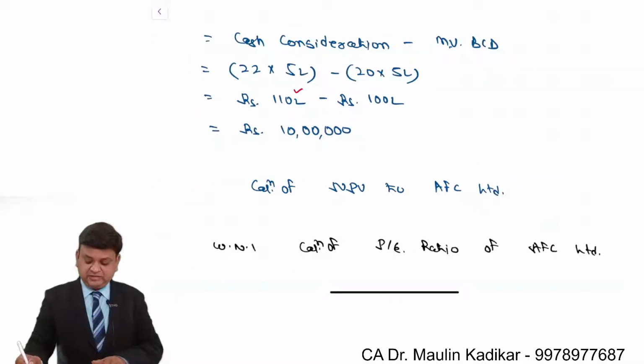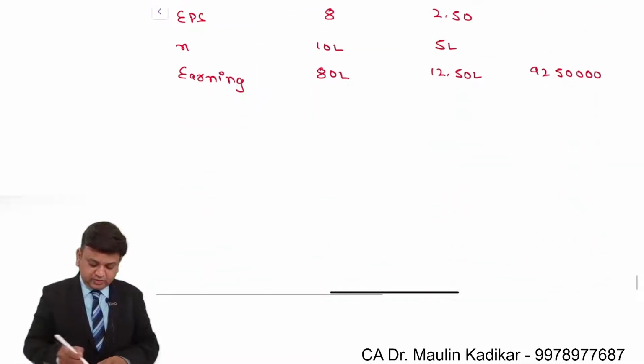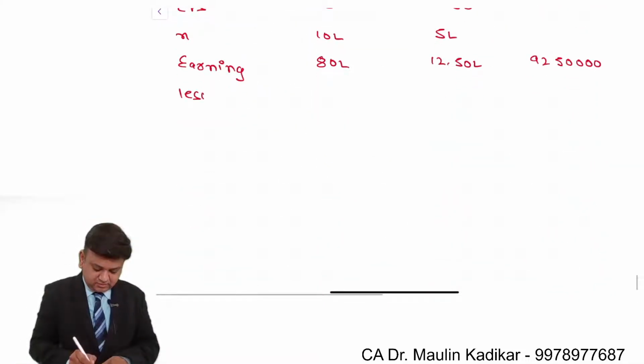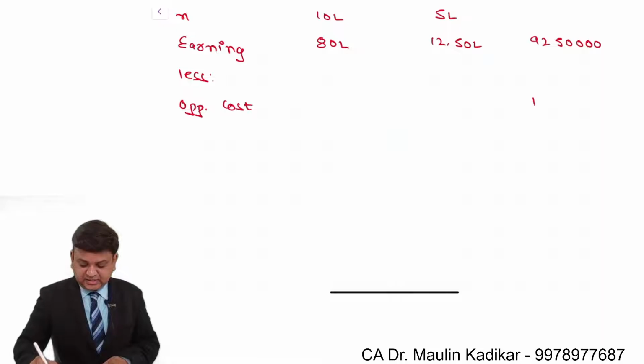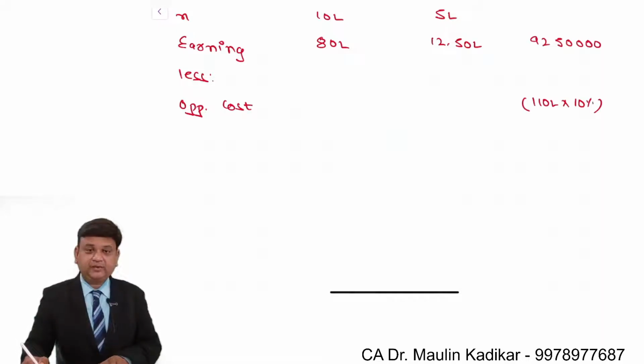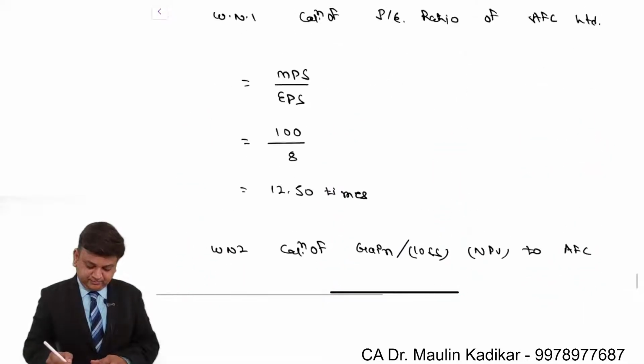We means AFC Limited. So over here, less opportunity cost. Opportunity cost is 110 lakhs into 10%, that comes to 11 lakhs. From where we have got this 110 lakhs here.